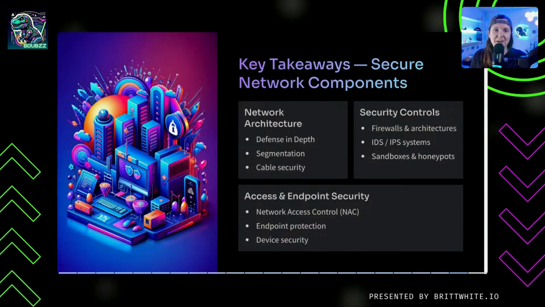We also covered some specialized security tools like sandboxes for safely testing suspicious code, and honeypots and honeynets that act as sophisticated decoys to trick and track potential attackers. Network access control, or NAC, came next, serving as both physical and virtual security checkpoints that verify devices before granting network access.